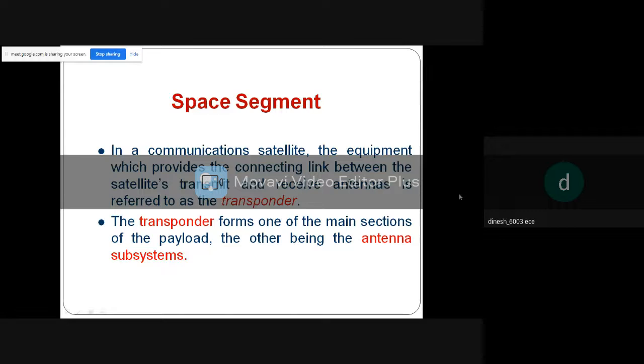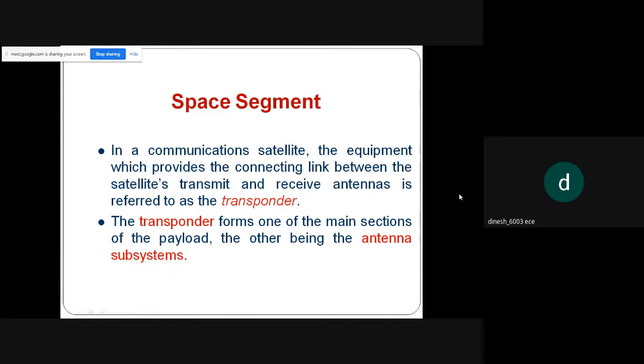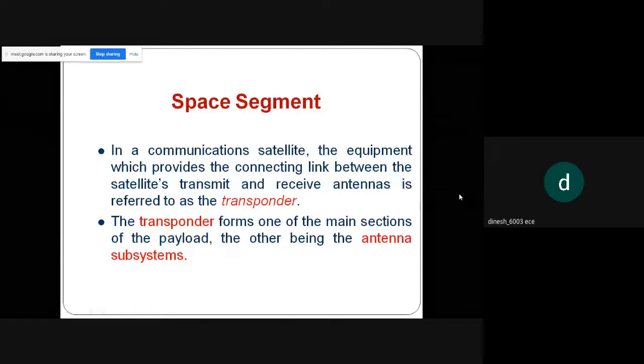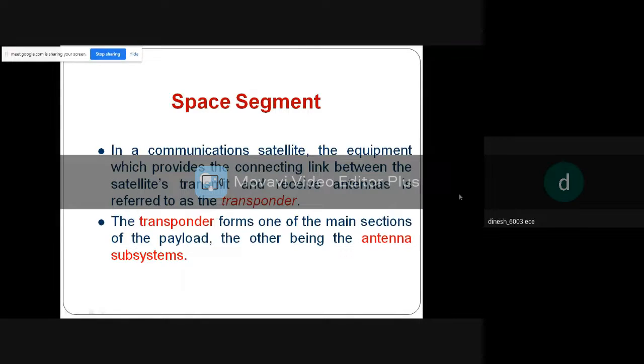This transponder plays a major communication link between the transmitting and receiving antennas. So this acts as a repeater or an amplifier or a booster, as we have in our terrestrial systems. Okay, as we have a booster at our nearby locations.